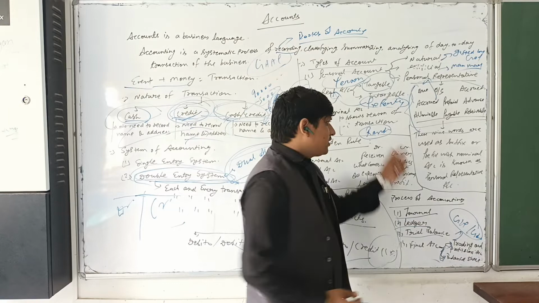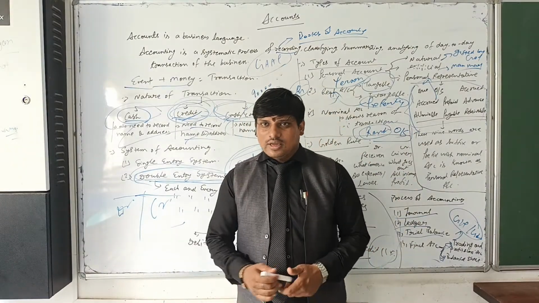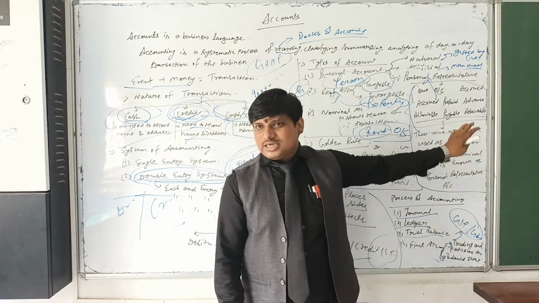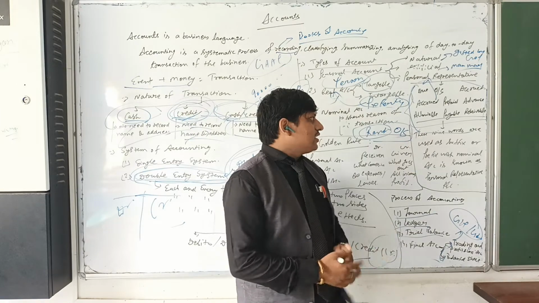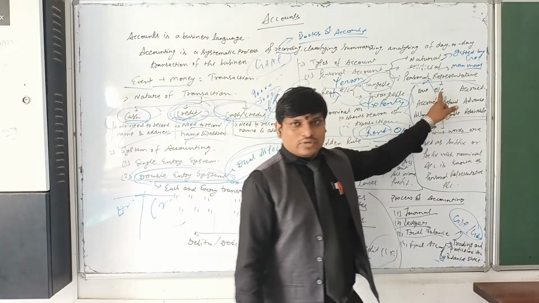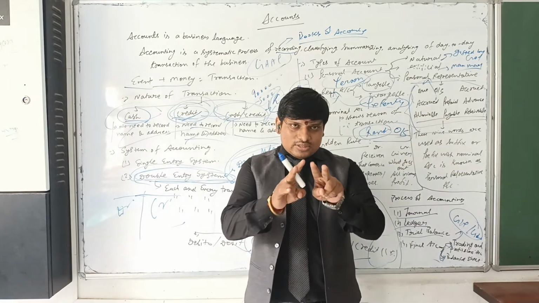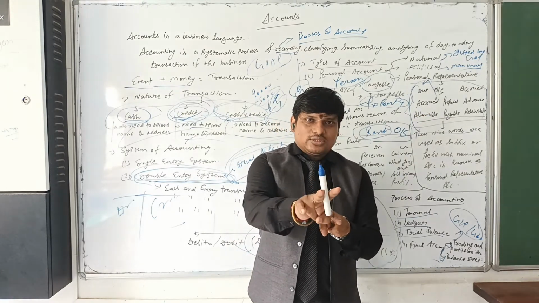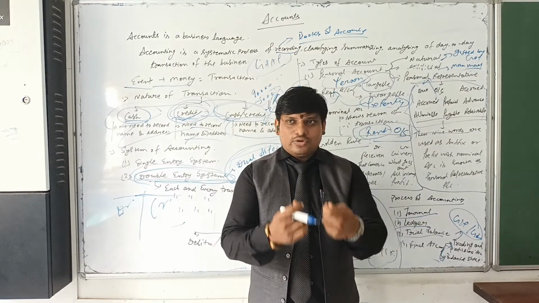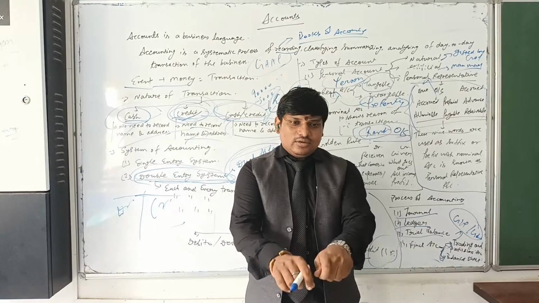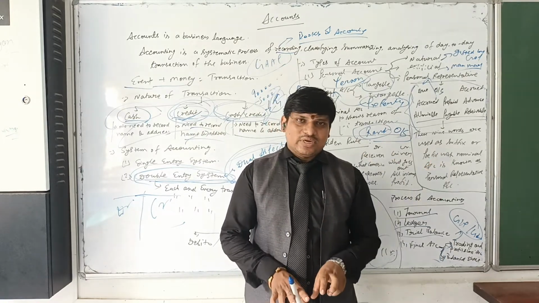Let's say rent is a nominal account. When we add outstanding, rent outstanding becomes a personal representative account. Outstanding means there is a due amount that we have to pay; the service has been done, but the amount has not been paid yet. So we have to pay rent to the landlord, but we have still not paid for the month of August, and now September is going on.